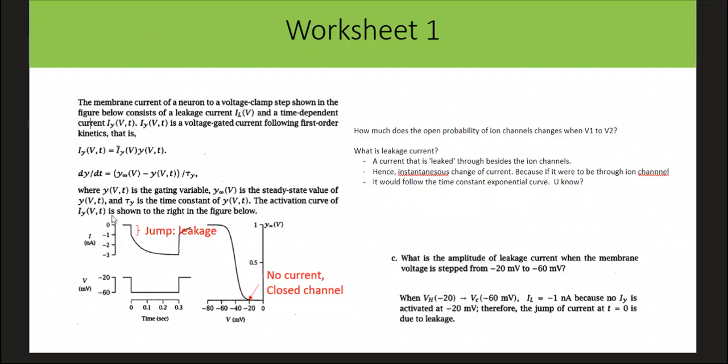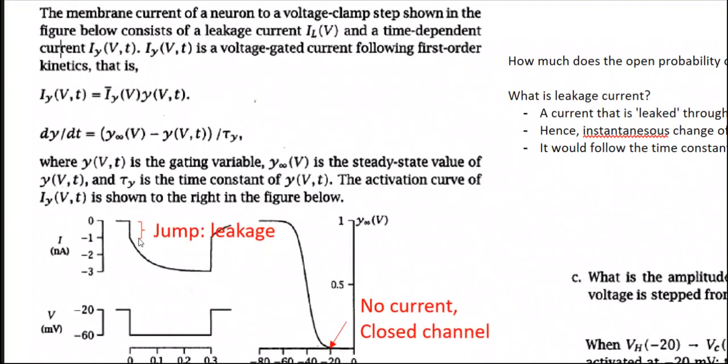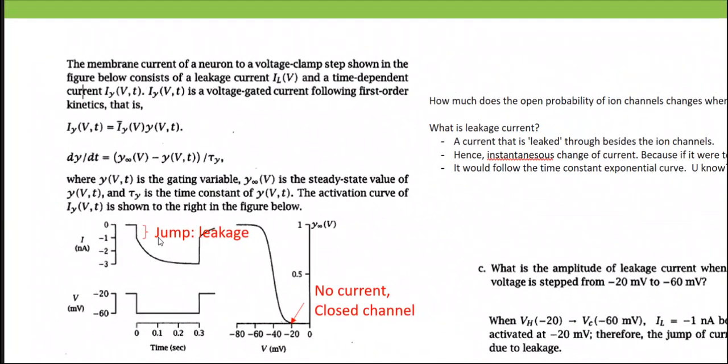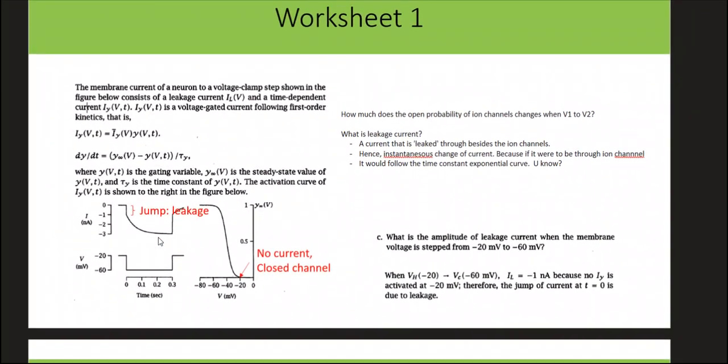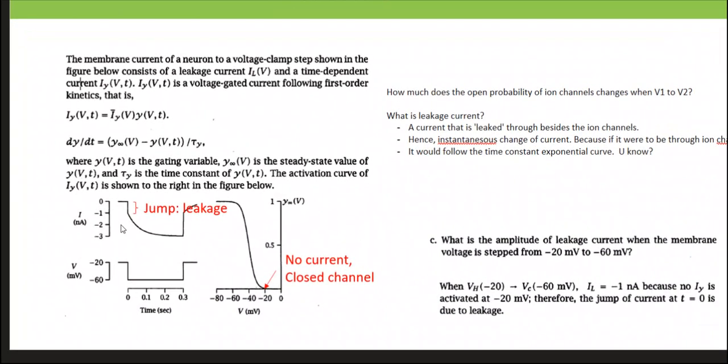It follows an exponential function instead of an instantaneous change. So this is a side effect of the leakage current, not the effect of the ion channel of our interest. So the amplitude of leakage current when it goes from -20 to -60 is about a magnitude of 1, negative 1. So yeah, -1 nanoamp.